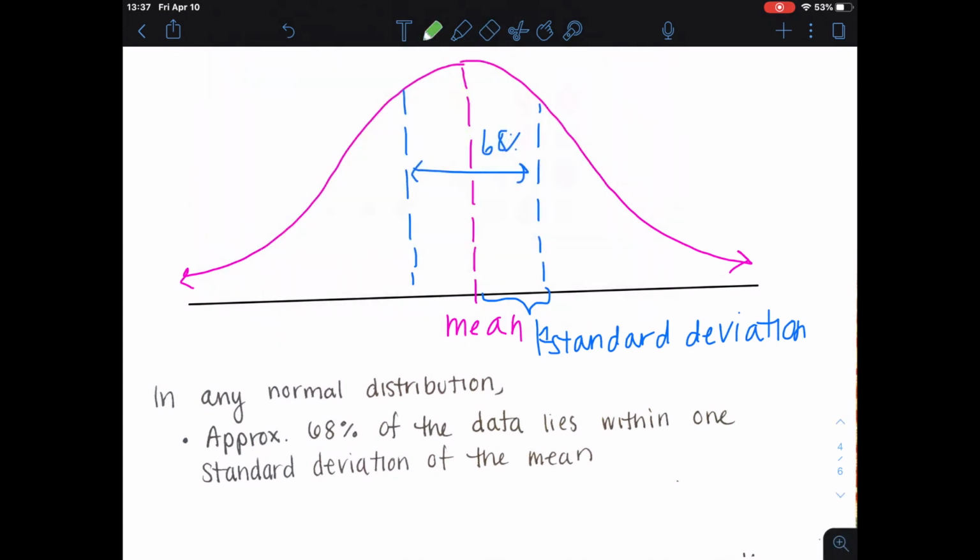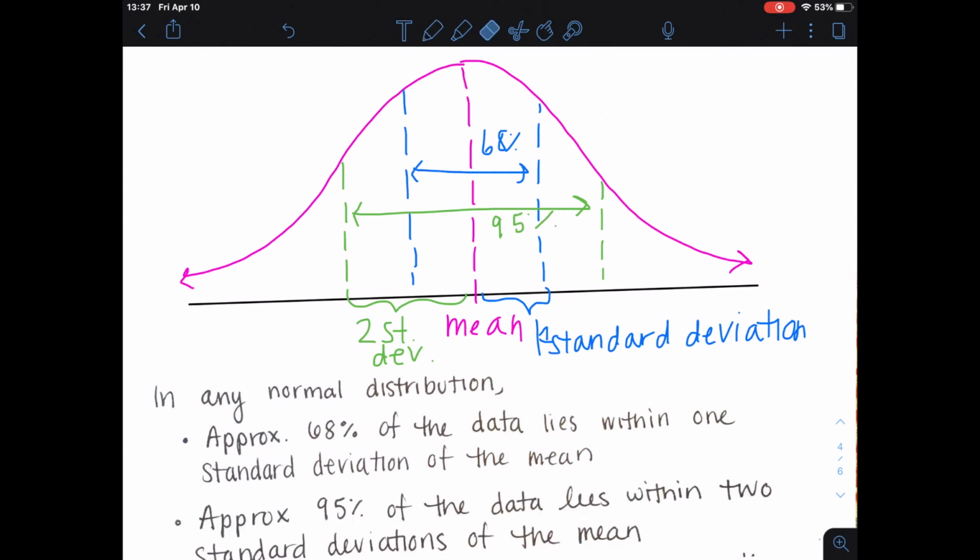If you go out another standard deviation, so it would be the same length, so this would be 2 standard deviations. Then, between these values, 95% of your data will lie within this range.